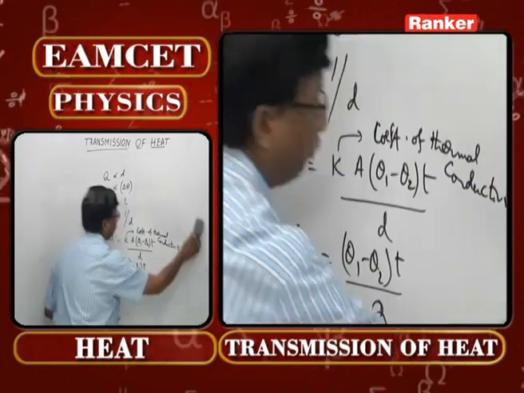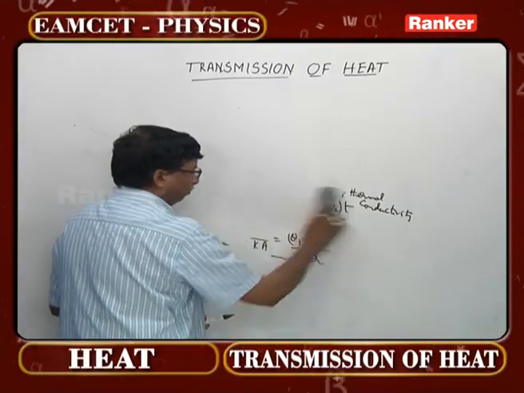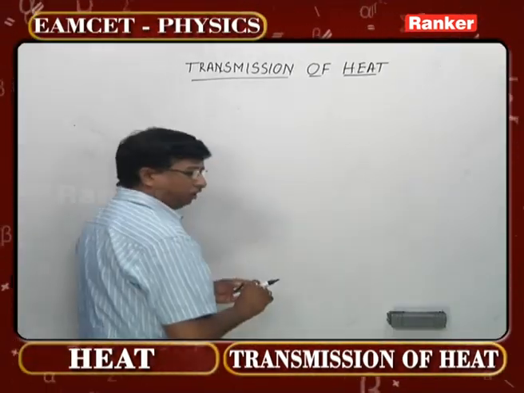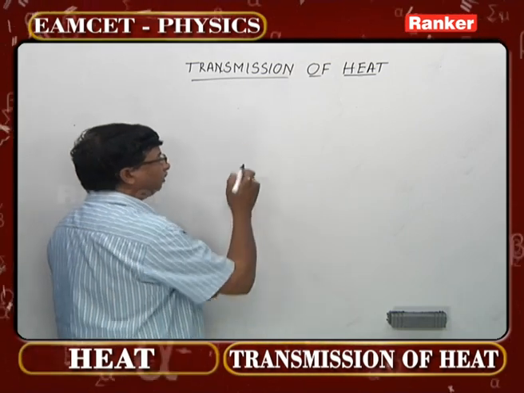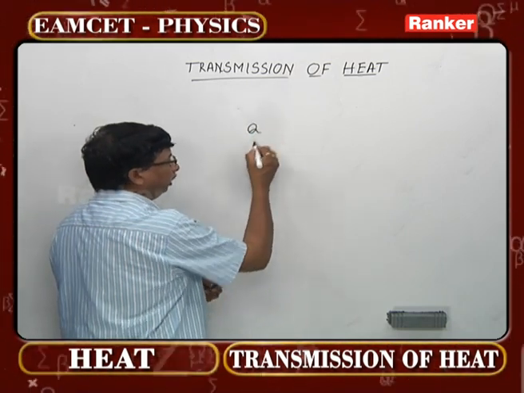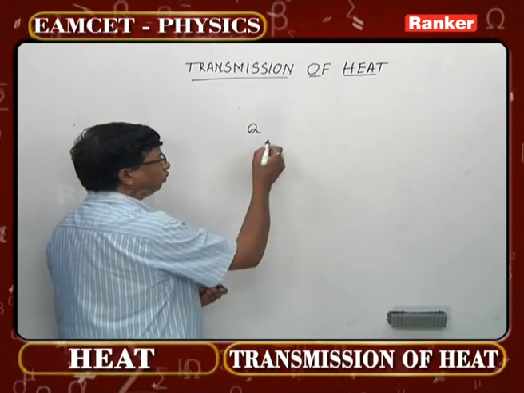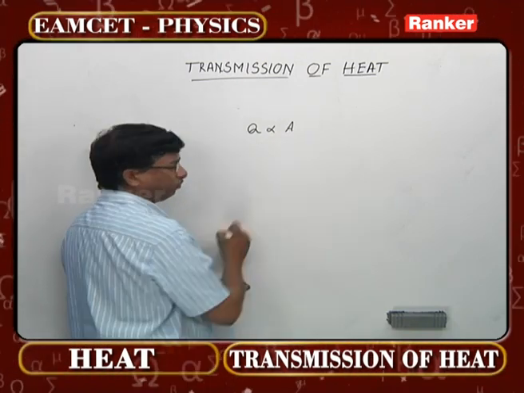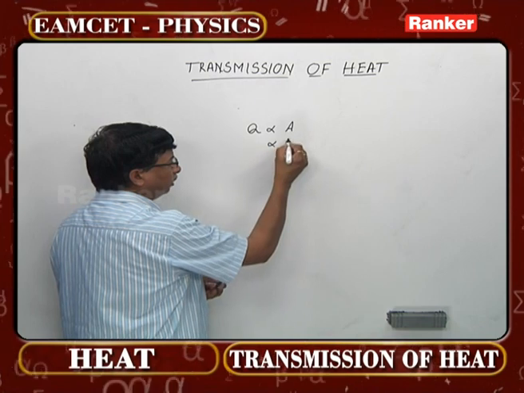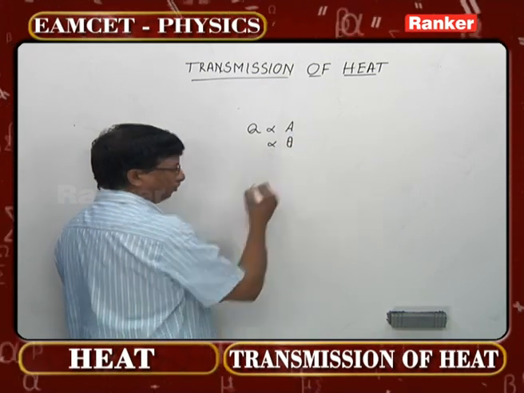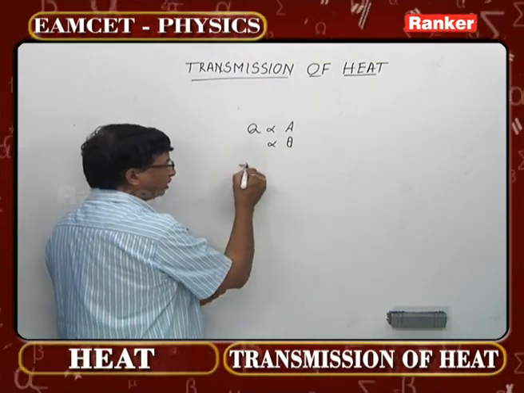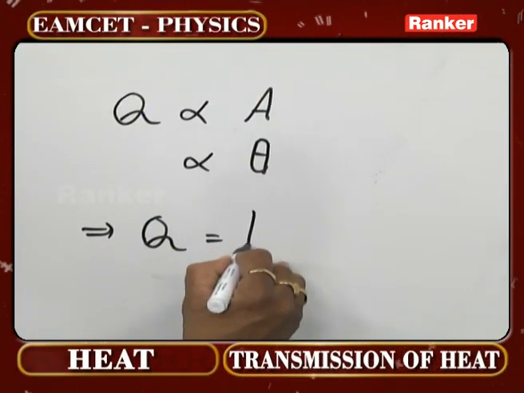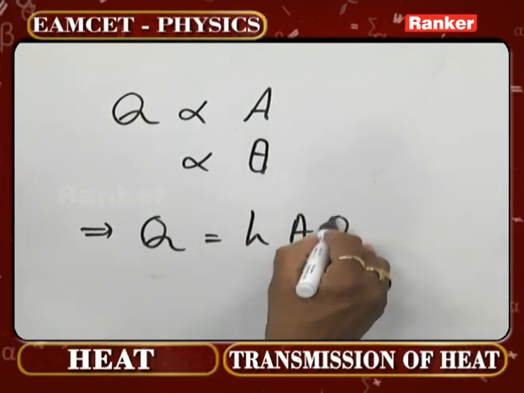Now coming to the next one, that is regarding convection. Convectional energy, in the form of heat, mainly depends on only two factors. One, of course, is proportional to the area, and the other is nothing other than the temperature over there. So if you club these two once again, Q is equal to a constant H into A into theta.